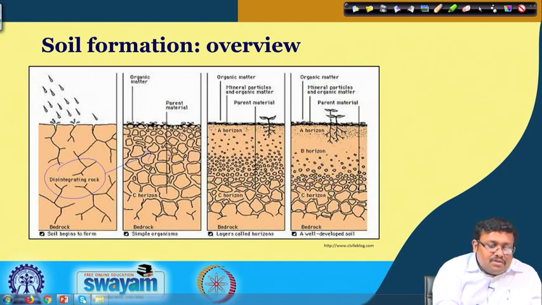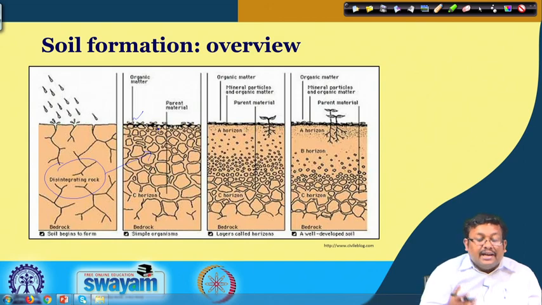Now, once this parent material is formed, obviously there is some organic matter deposition at the surface because of fresh litter fall as well as decaying plants and animal bodies. So, it creates a layer at the surface. As the time goes on, there are some distinct horizons present in the soil.